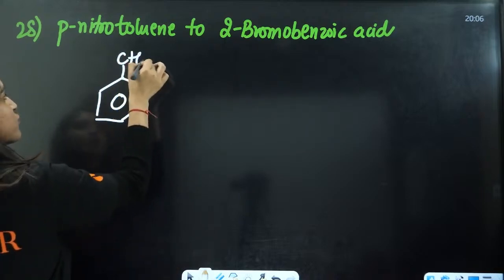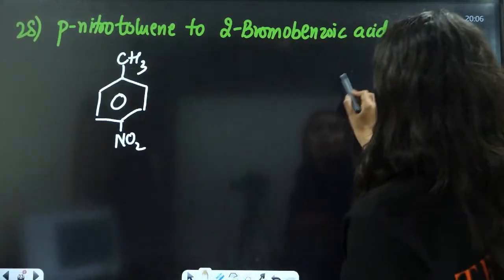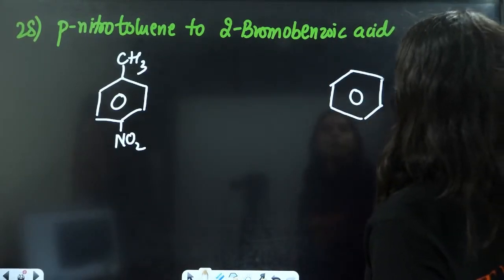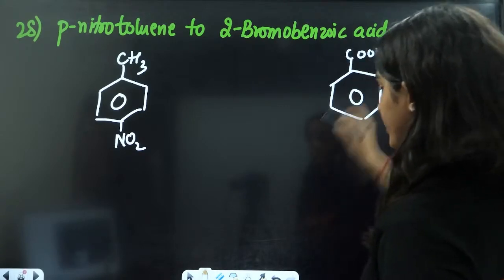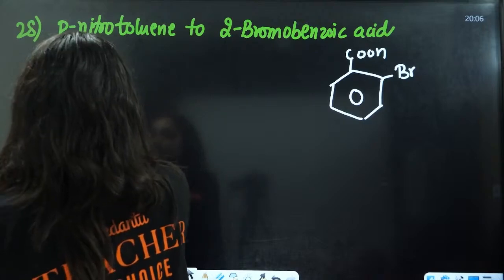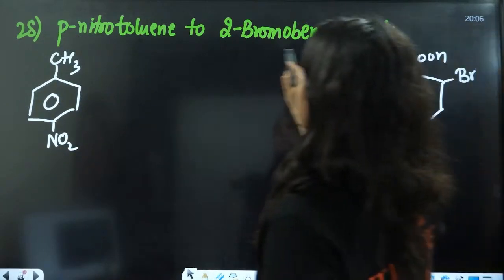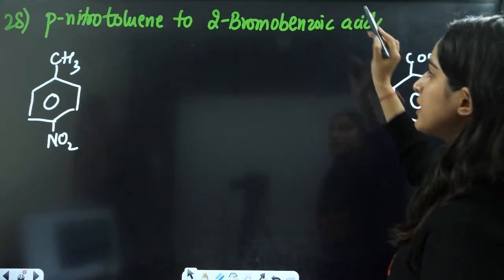You have para-nitrotoluene. This is the nitro group here, right? To 2-bromobenzoic acid. Very important. This involves so many steps here. Everyone, see this very carefully.